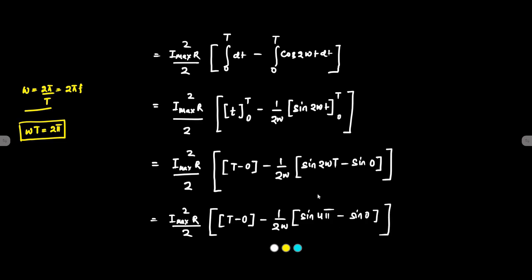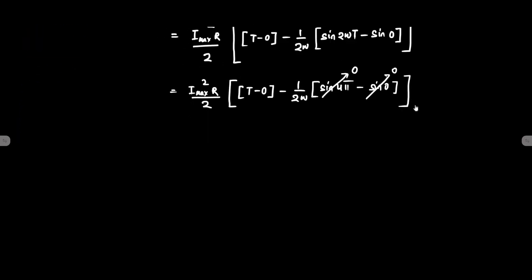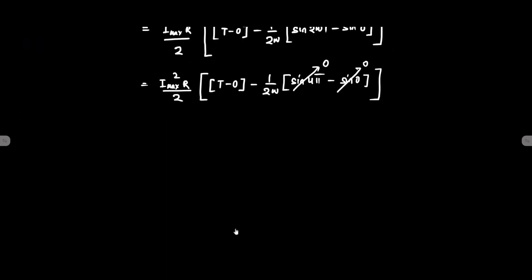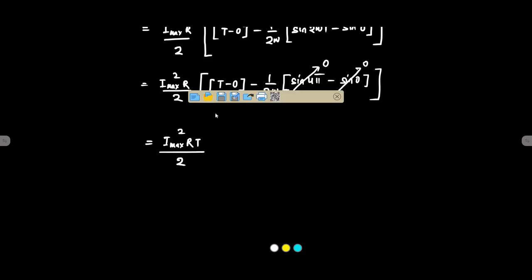This entire thing will be 0 because sine 4 pi is 0 and sine 0 is also 0. So we only have I max square R T by 2. This is the final value.